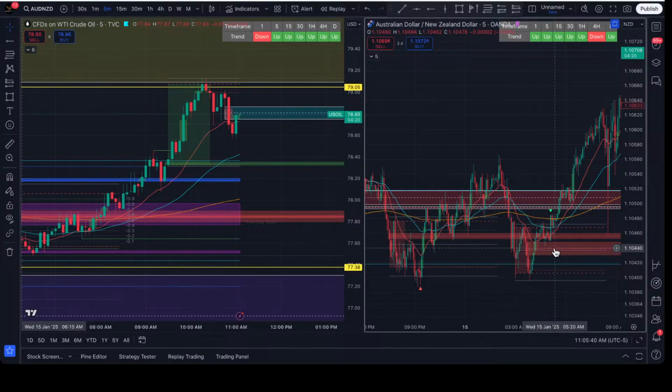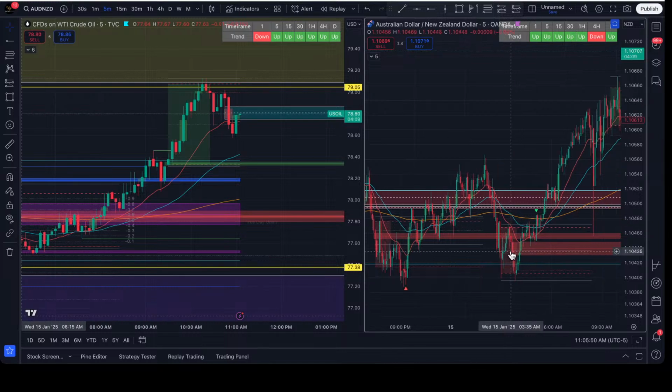More of a mean range model. These are pretty much forming inside of each other, or rather London's just slightly below Asia.